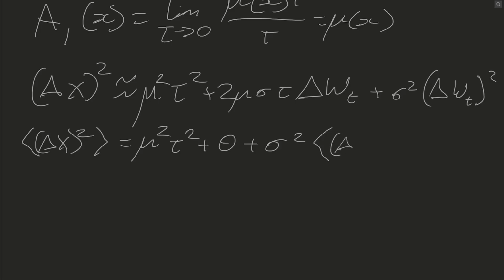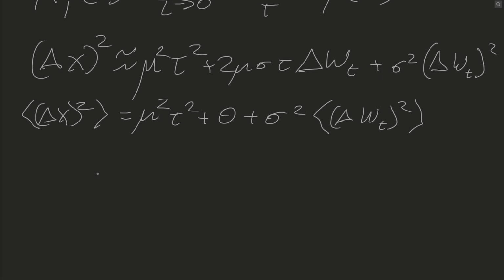expected of change w tau squared, and now sorry, this squared is just tau, by definition. That should be equal to mu squared tau squared plus sigma squared tau.